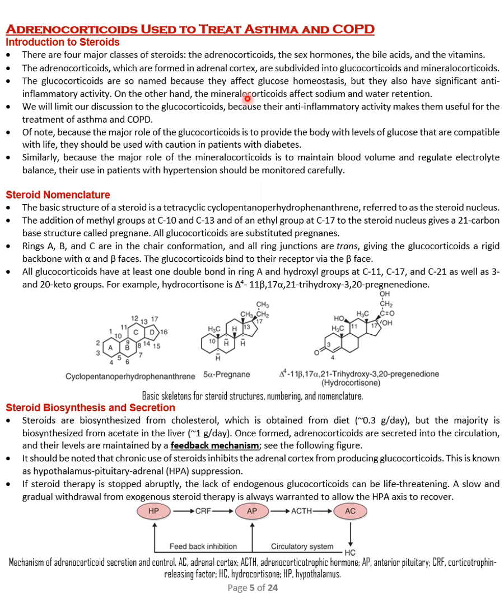Let's start with the first class of drugs used in treating asthma and COPD. These are the adrenocorticoids. They are actually a type of steroid, and steroids can be divided into four major classes: the adrenocorticoids, the ones we'll talk about in this lecture, and then the sex hormones, the bile acids, and vitamins.